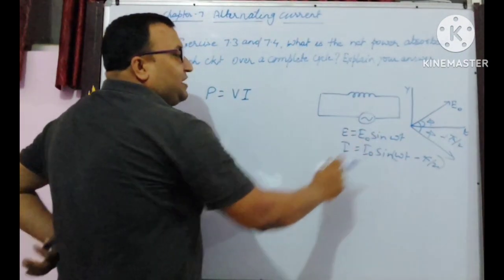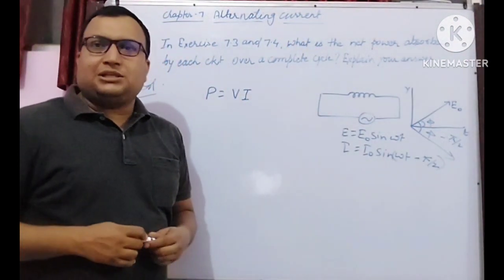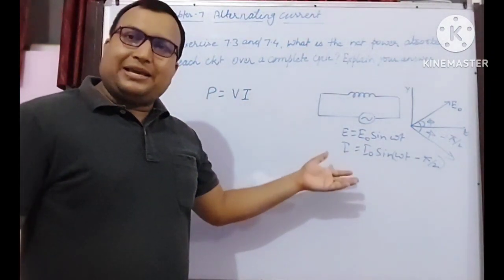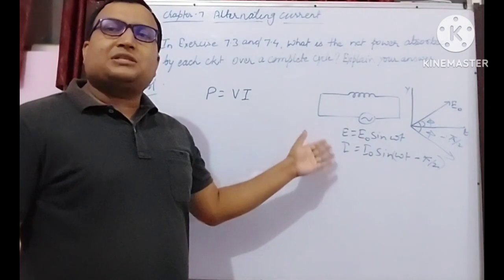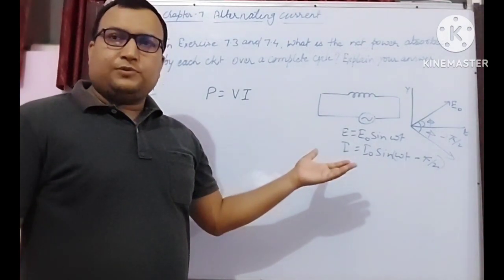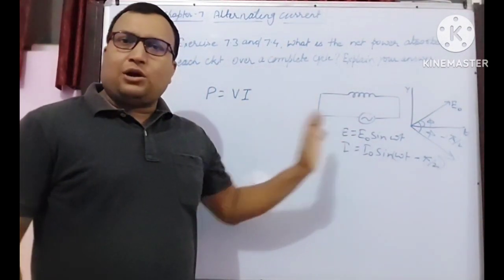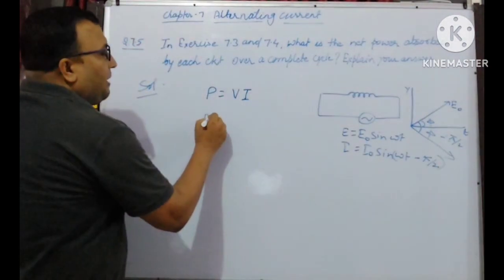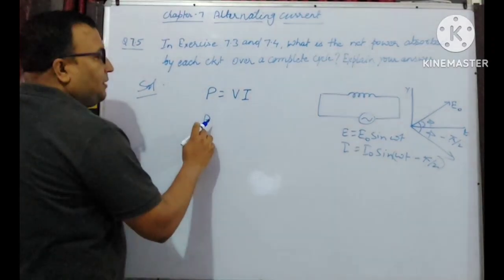So what is the phase difference between these two? That is 90 degrees. That's why I said that here the current is lagging and the EMF is 90 degrees earlier. This is the concept already explained in the video. So coming to this, by using it the new result will come.